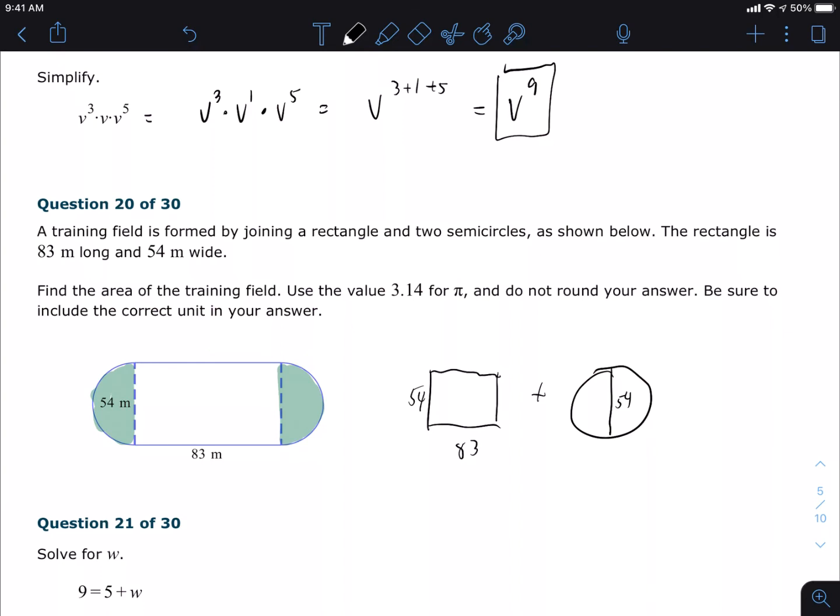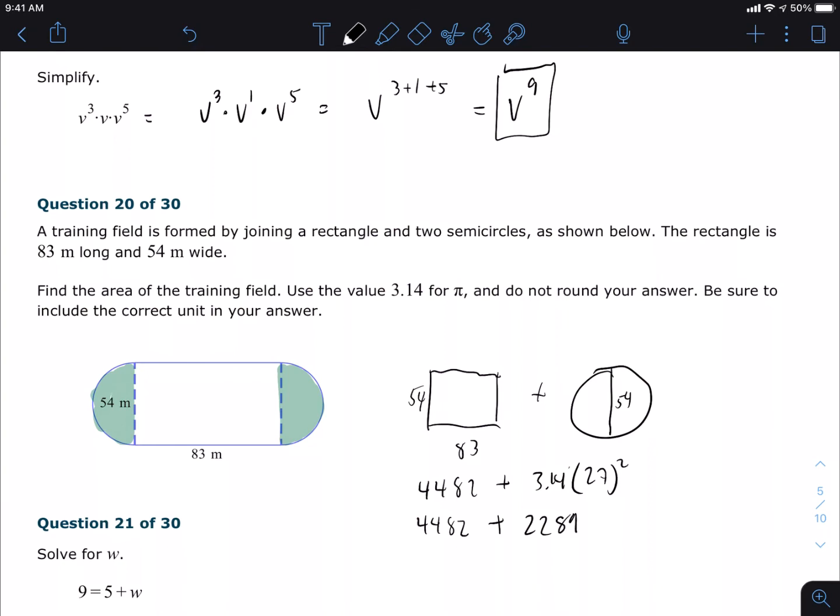Yes. Okay, so then 54 times 83 is going to give me that area, right? Because we're looking for the area. So that's going to be 4,482 plus the area is pi r squared, right? So I'm going to go 3.14 times the radius, which is half of 54, so that should be 27 squared. So I'm going to go 4,482 plus 27 squared times 3.14 is going to be 2289.